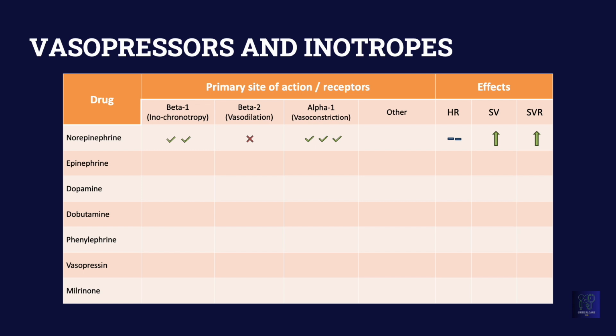Often the heart rate is not affected because there are opposing effects, right? With beta 1, it is trying to increase heart rate, but due to vasoconstriction and reflex bradycardia, it is trying to decrease the heart rate. So the main effects of norepinephrine, again, are an increase in stroke volume and SVR.